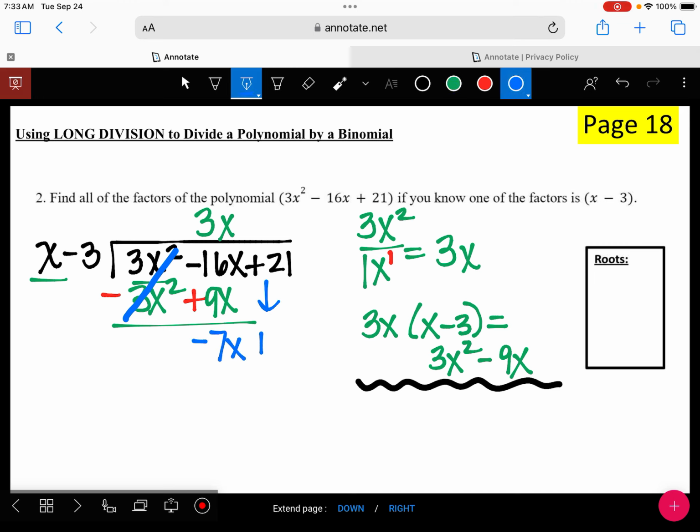Drop down the plus 21, and we're going to repeat this one more time. This time, I'm going to divide -7x by x. You're always dividing it by this term. So let's take that -7x, divide that by x, and we get -7. Put that -7 on the hood.